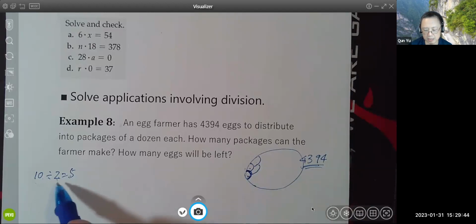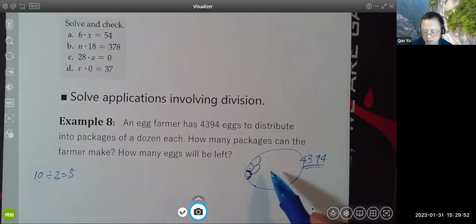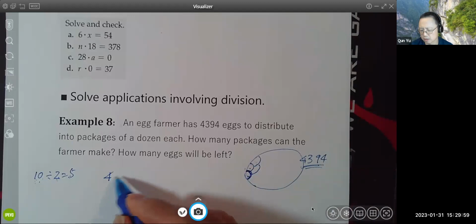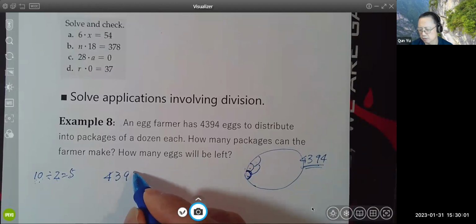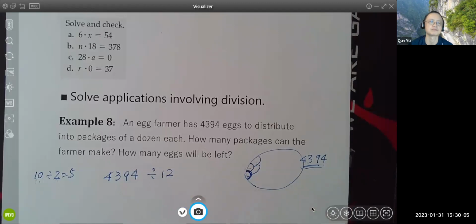Because division answers this question: how many of the divisor are in the first number. So we want to know how many 12s are in this number. So 4,394 divided by 12. So that's our answer.